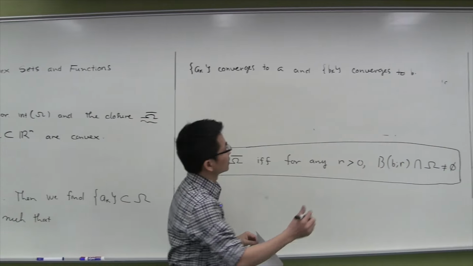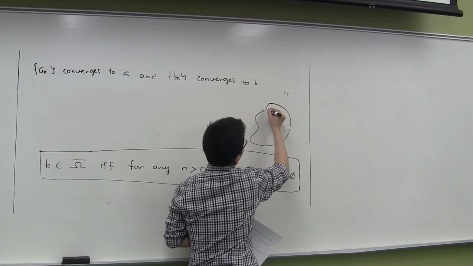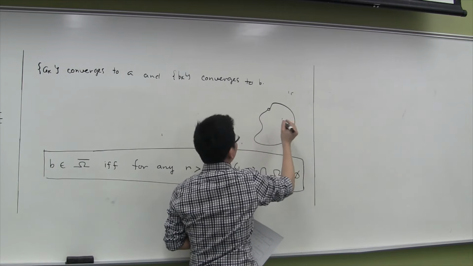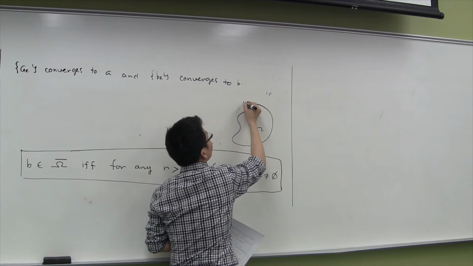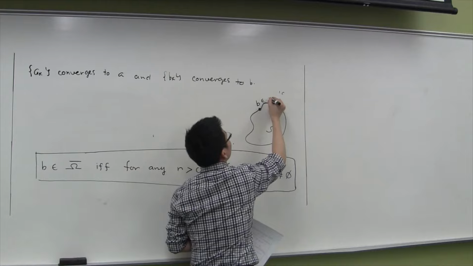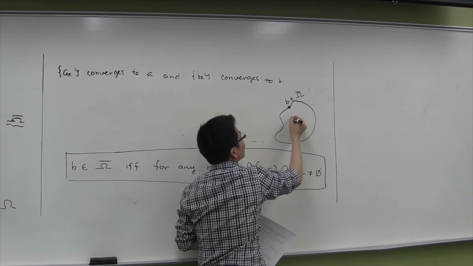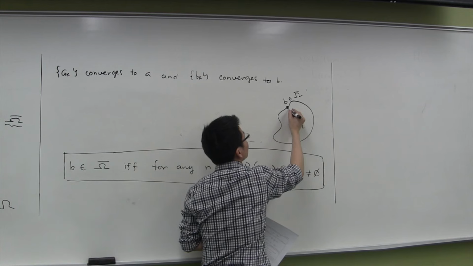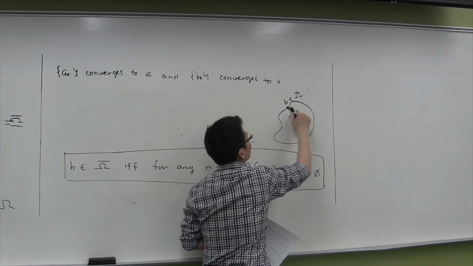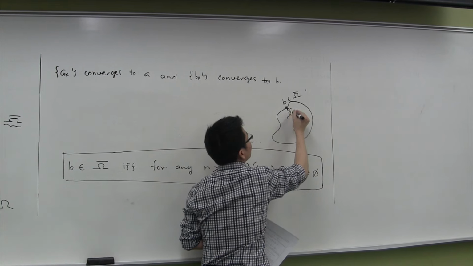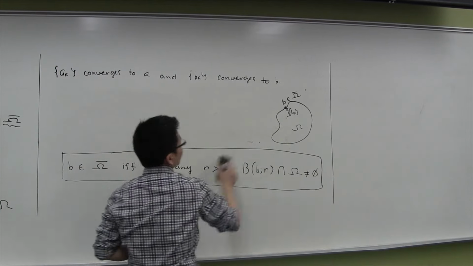Okay, so if we have a set omega, and if b belongs to the closure of omega, then we can find a sequence b_k in omega that converges to this element b.